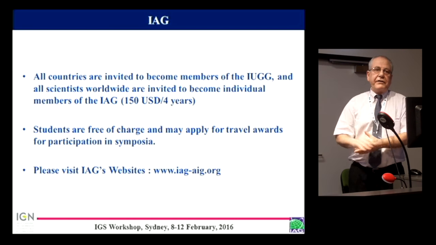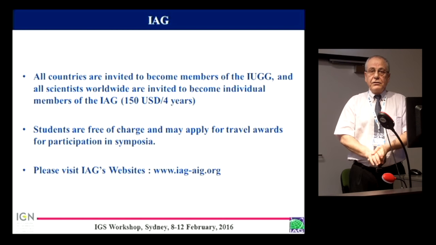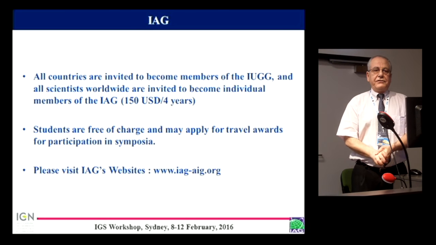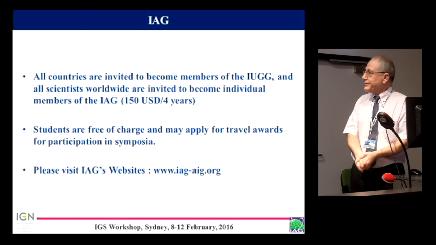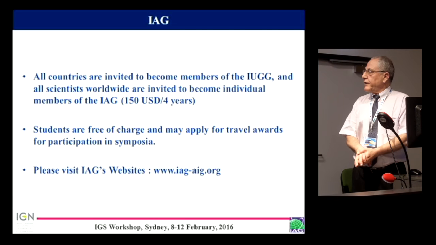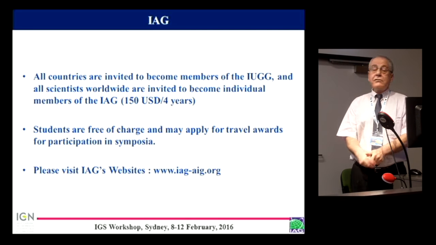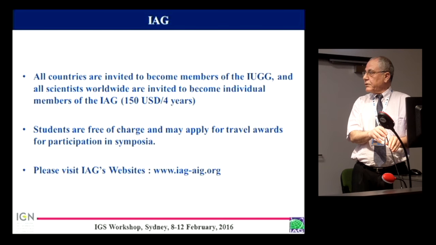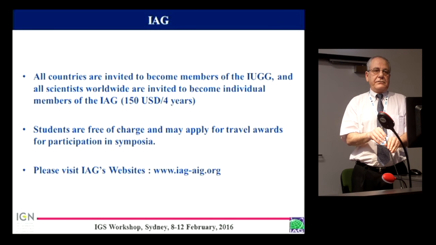And of course, you are invited to be a member as an individual. You only have to pay $150 for 4 years. And students are more than welcome, because they are free of charge, and they also have the possibility to get travel awards for participation in symposia, etc. And please visit the IAG website.